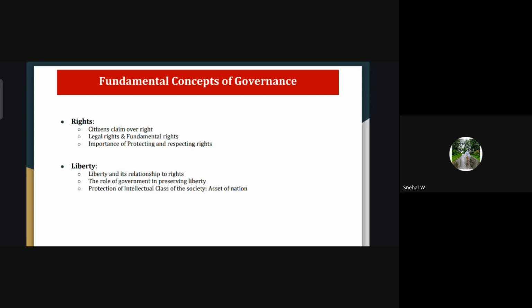For instance, the right to property. This is a legal right, and everyone can possess property, right? However, whether to get the property or not is your choice. Whether to work hard for the property or not is your choice.